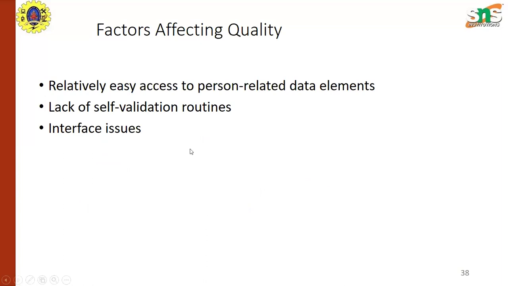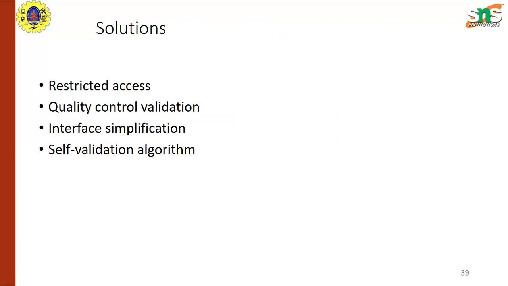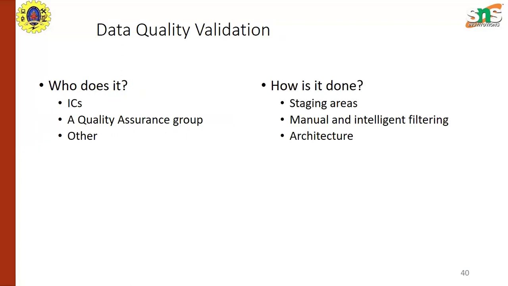The factors affecting quality: relatively easy access to person-related data elements may lead to decreased data quality, the lack of self-validation routines, then interface issues. For all this, the solution is first a restricted access, and we have to ensure quality control, then interface simplification and a self-validation algorithm.